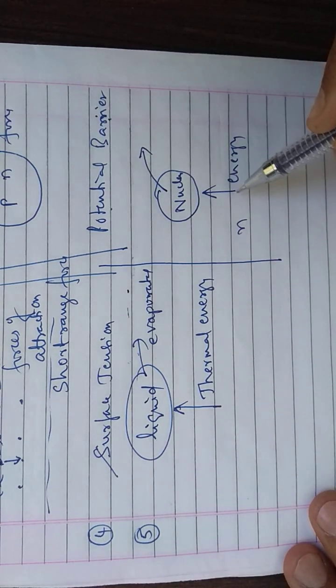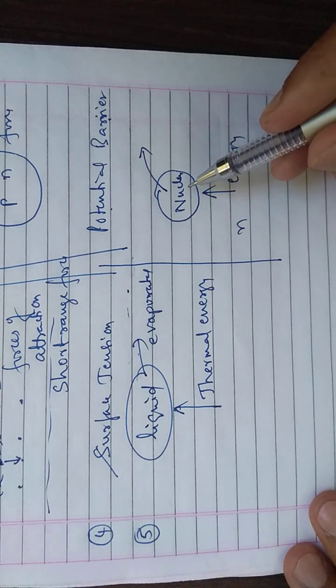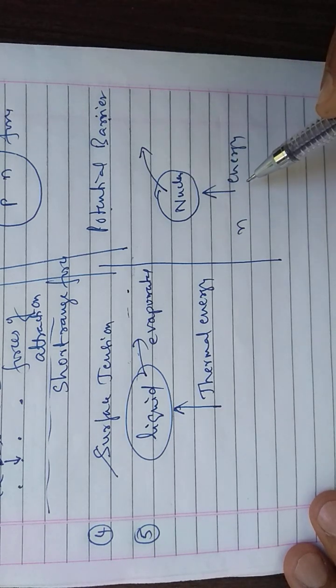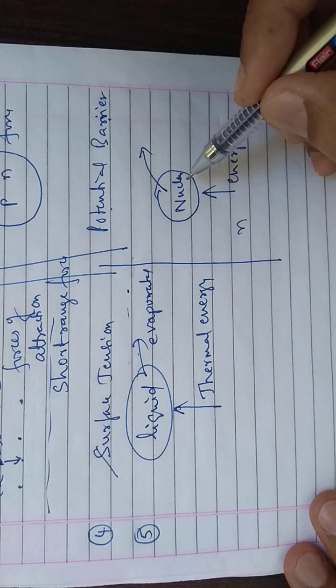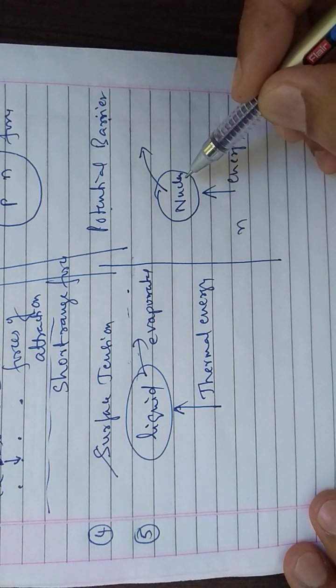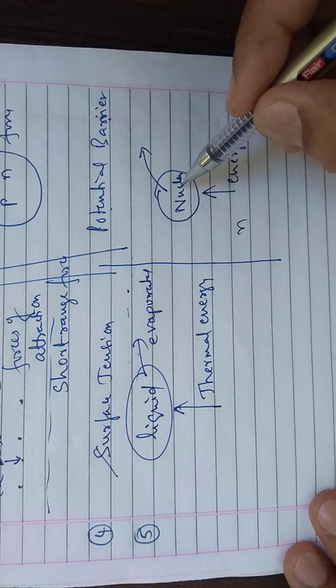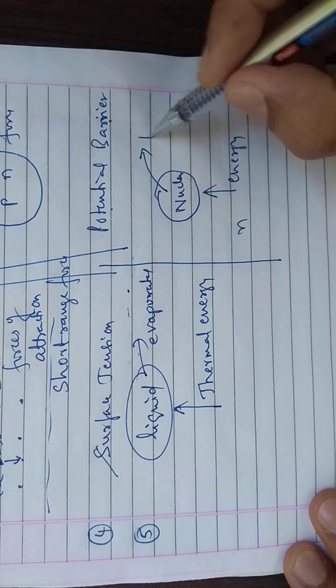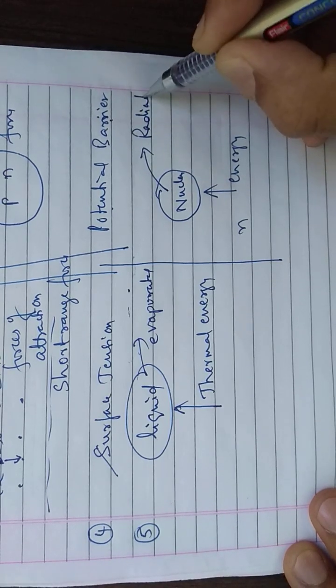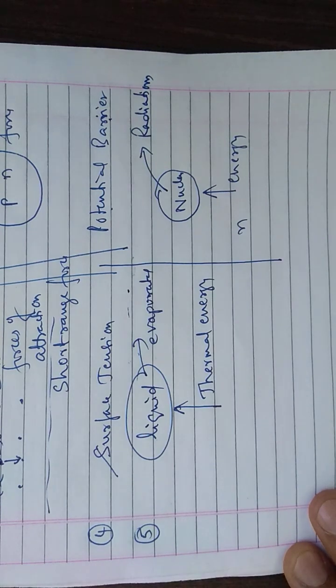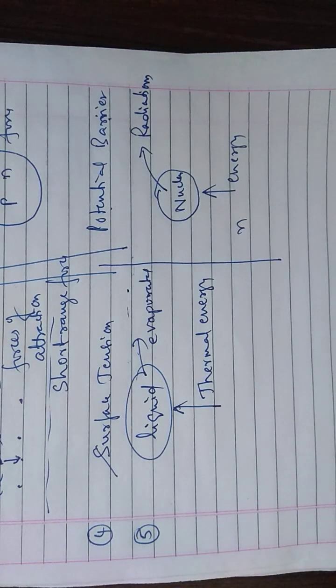This is called the bombardment of a nucleus with a neutron. If it is bombarded with an energetic particle like a neutron, the nucleus absorbs that energy, and now this nucleus is going to emit some radiations here: alpha rays, beta rays, gamma rays, like that. It goes on emitting some radiations.